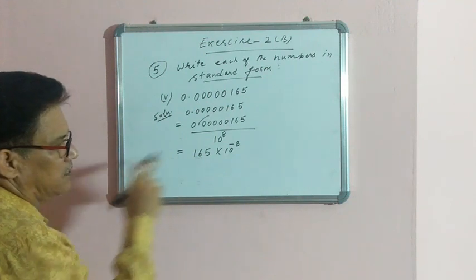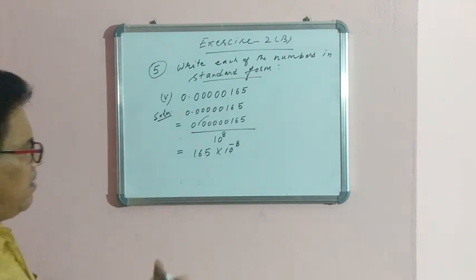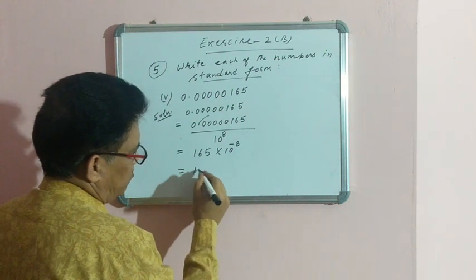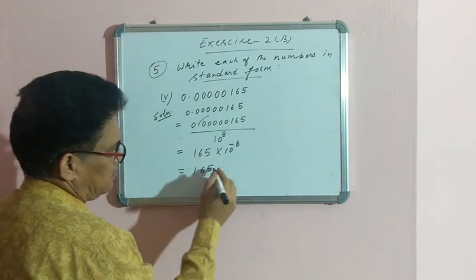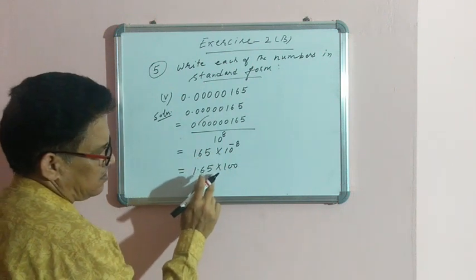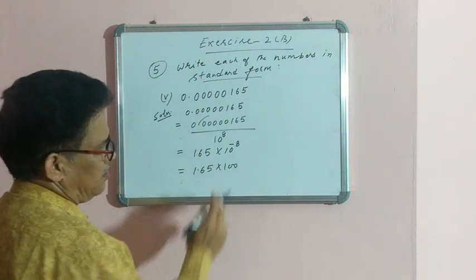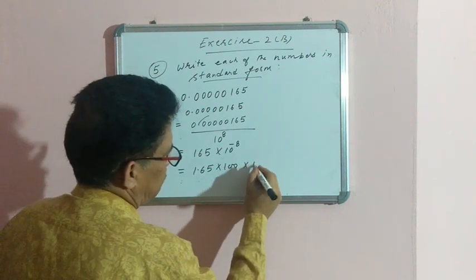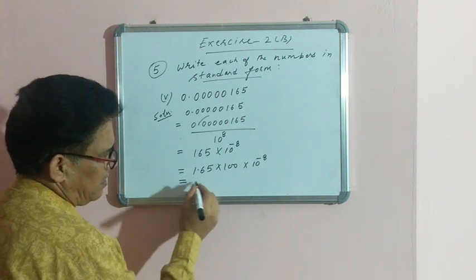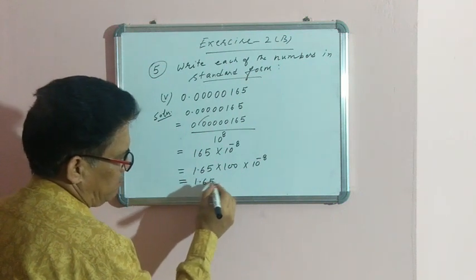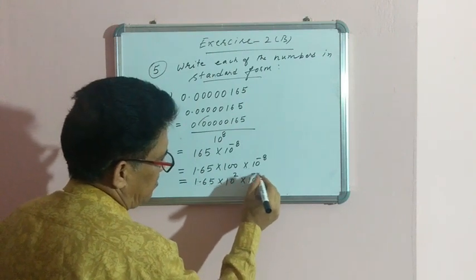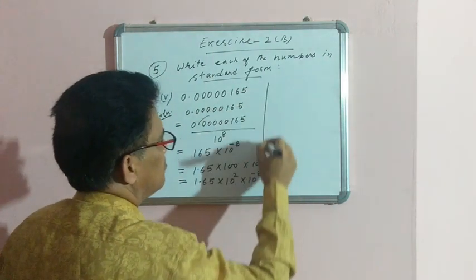But 165 is greater than 10, so again we have to convert this. 165 is equal to 1.65 into 100, and this is 10 power minus 8. We can write this as 1.65 into 10 power 2 into 10 power minus 8.